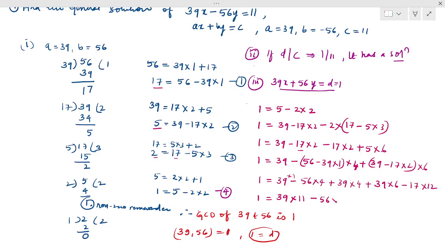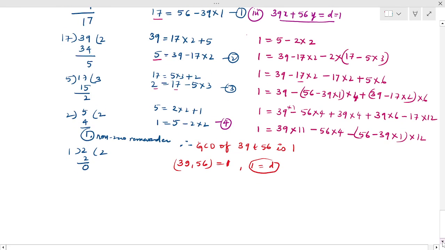Minus 56 into 4, write as it is. Next, substitute the value of 17 once again. 17 value is 56 minus 39 into 1, multiplied by 12. Now 1 is equal to 39 into 11 minus 56 into 4.